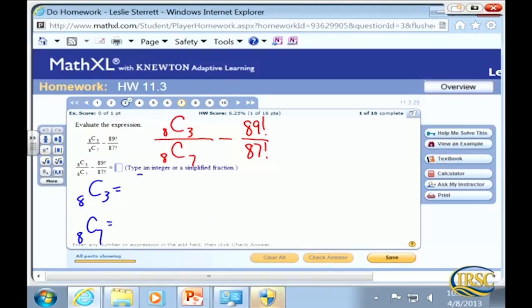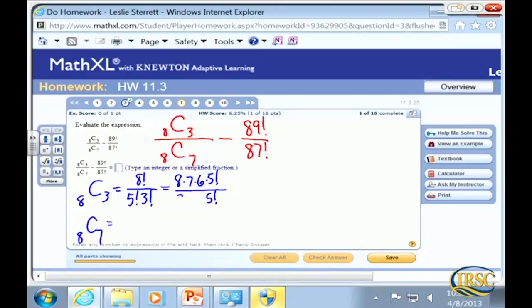With the first one, you have 8 factorial, and then we know we're going to do 8 minus 3, which is 5, so I'm going to skip that one. Just 5 factorial, 3 factorial. So I'm doing the subtraction part in my head now. So expanding that out, I've got 8, 7, 6, and then stop at the 5, because that's going to cancel with the 5 factorial.